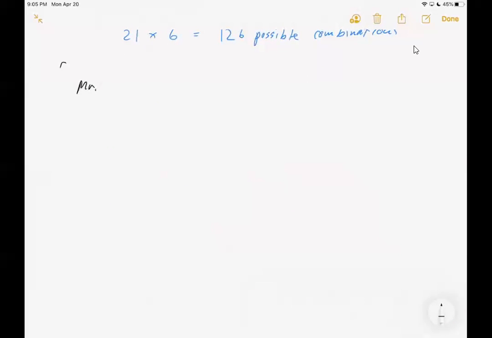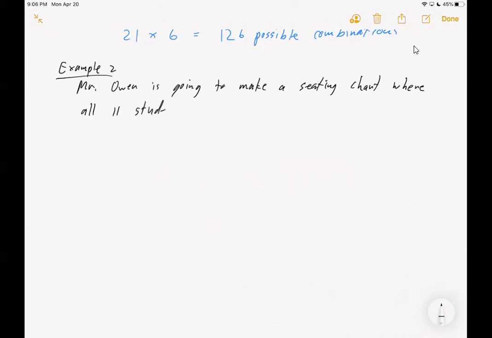This will be example 2. Owen is going to make a seating chart where all 11 students sit around the U class.